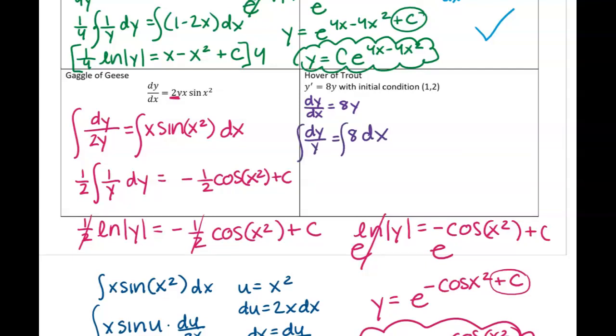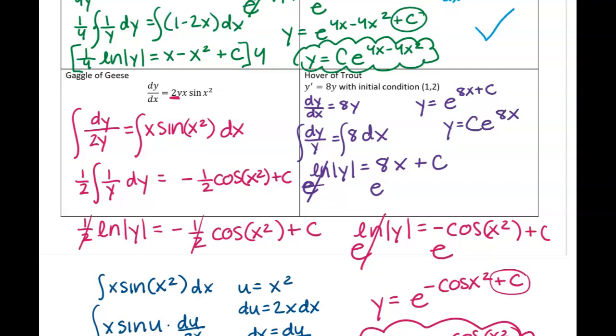Dy over y is like 1 over y times dy. So we end up with natural log of y equals 8x plus c. Exponentiate. So we get y equals e to the 8x plus c, but that plus c is like e to the c. So y equals c e to the 8x.